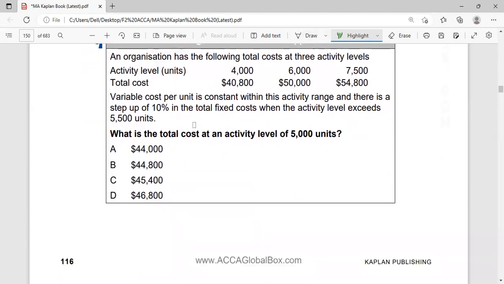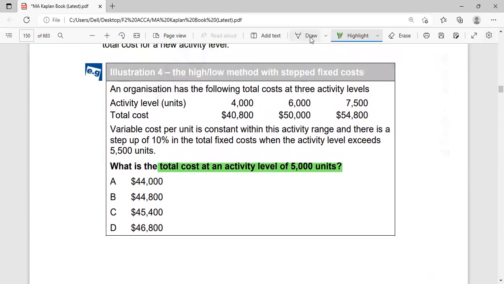So what is the requirement? You have to calculate the total cost at an activity level of 5,000 units. Now let's read the question. An organization has the following total costs at three activity levels. Activity levels 4,000, 6,000, and 7,500.